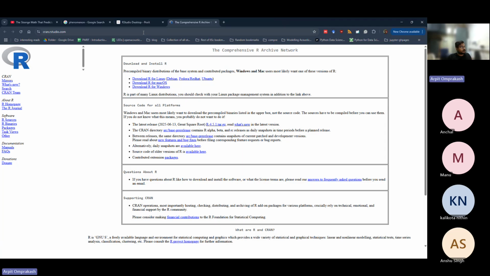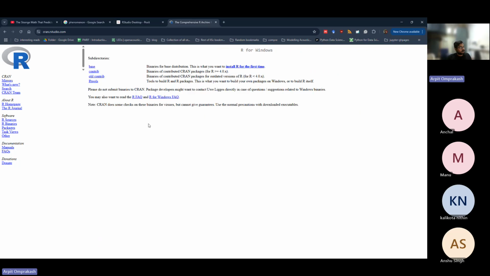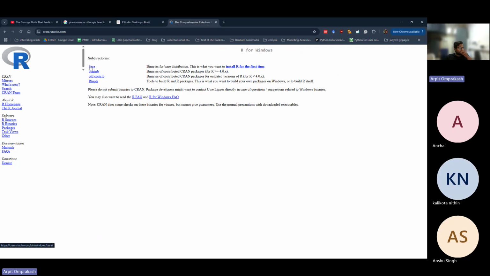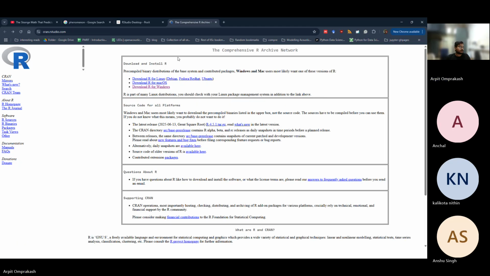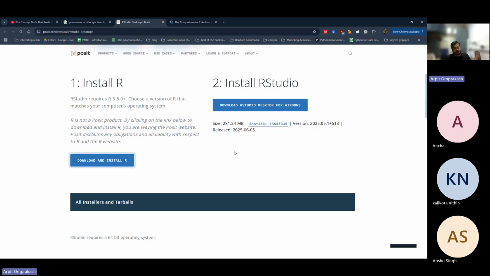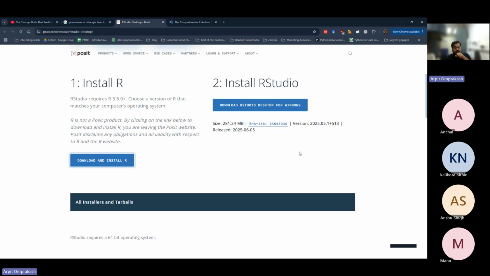Once you click this, it will download the package that you can install. Then you go here and click here, which will start another download, which is RStudio.